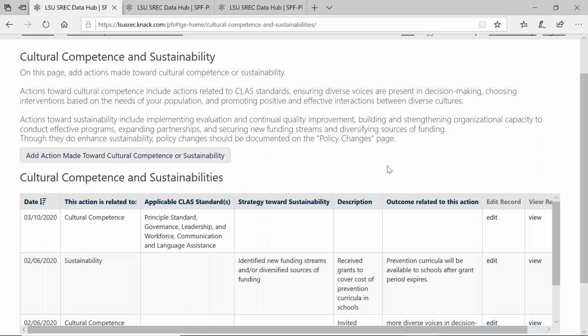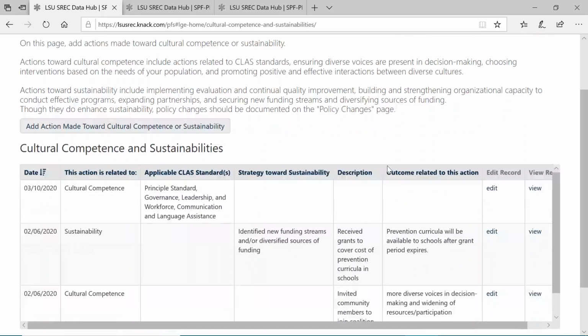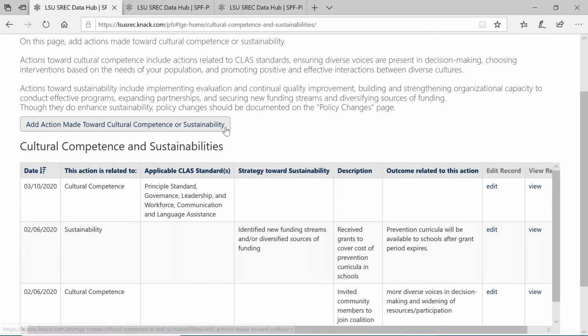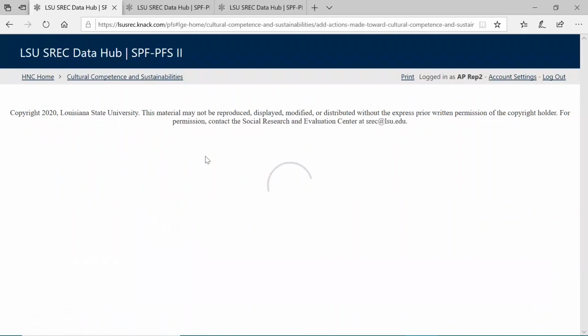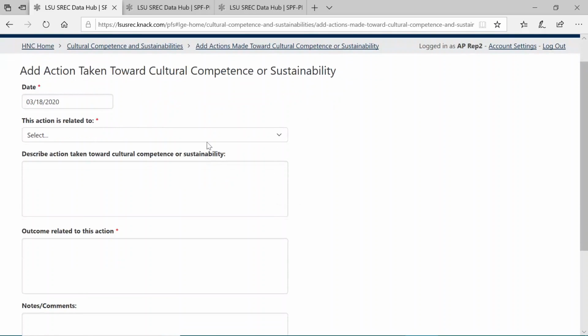You might only enter this once a year or so, as you are documenting what actions you're taking or your action plans. We do have to report actions made toward cultural competence and sustainability to SAMHSA, and most of you are pretty familiar with the CLAS standards and language related to this. This just gives you a simple form to be able to document those things.